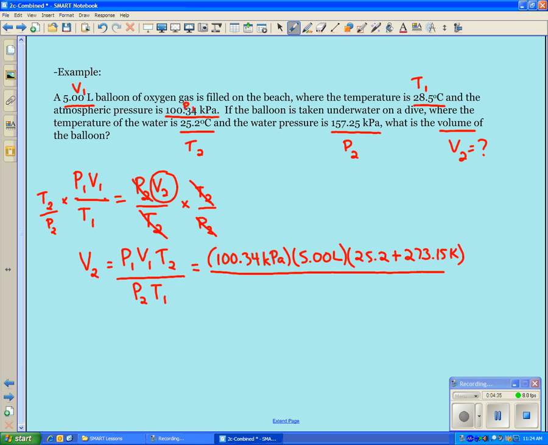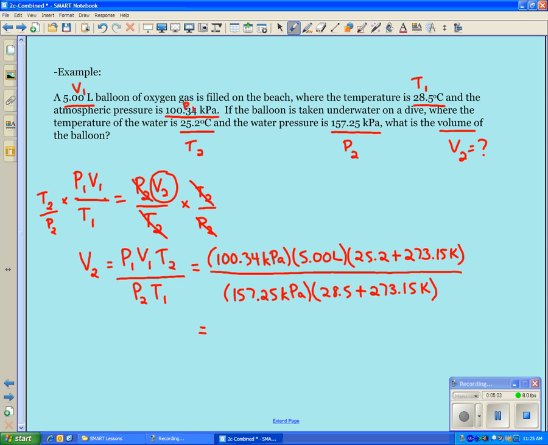Then on the bottom, we have P2, that's 157.25 kilopascals, and temperature 1 of 28.5 degrees Celsius. Again, we have to convert that, so add 273.15 to give us our Kelvin temperature.